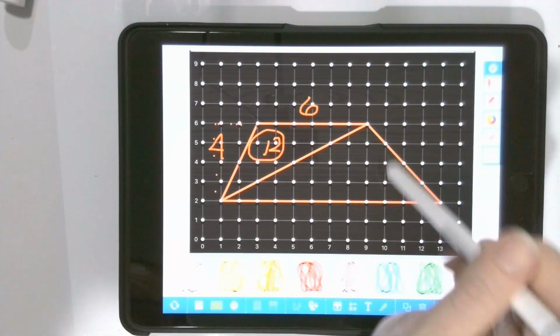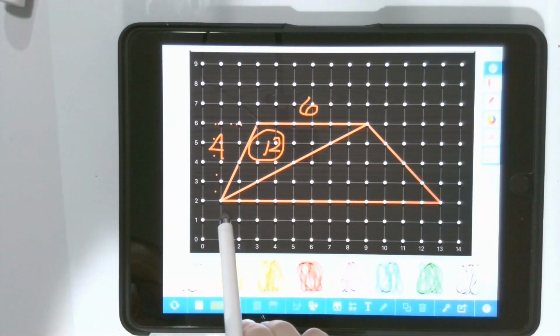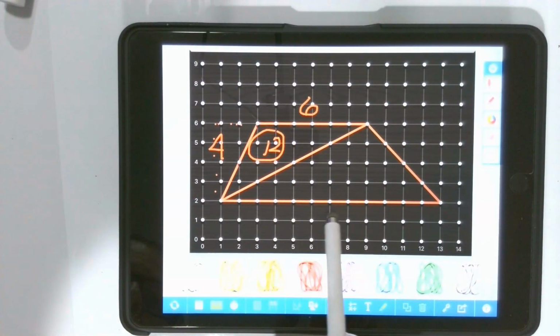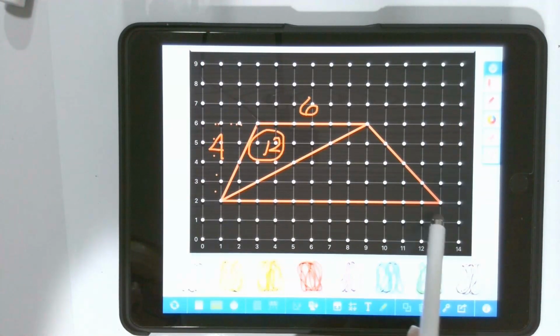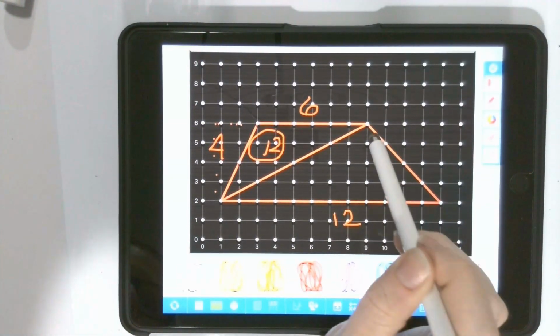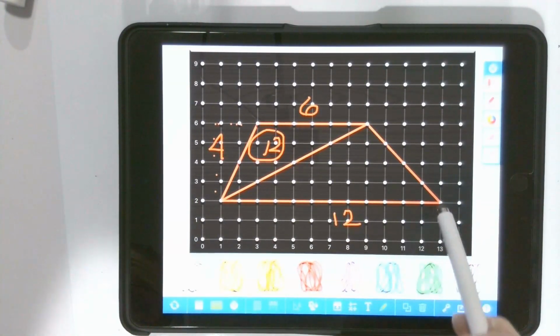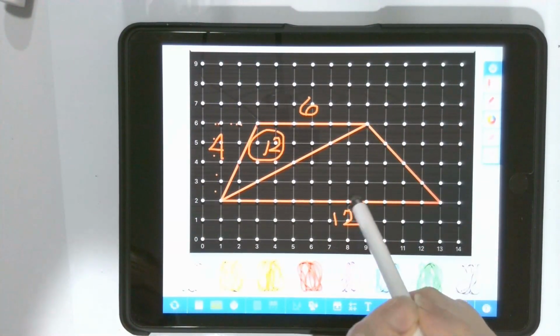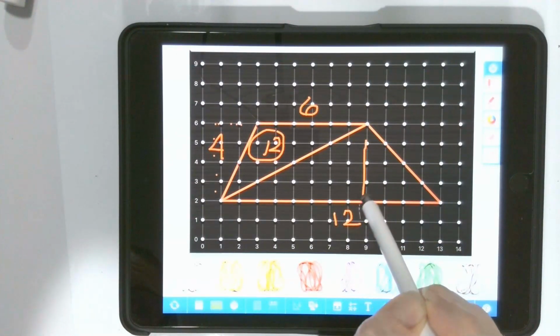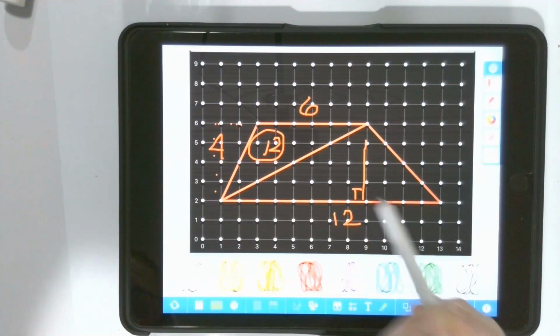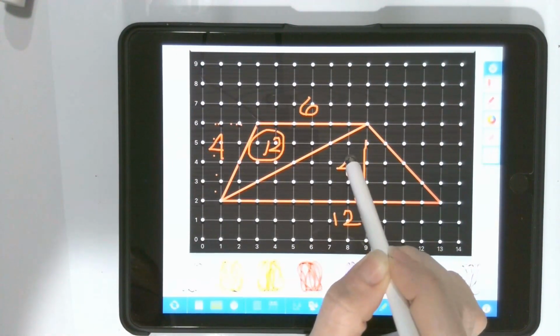And then you have this triangle here with a base of 1, 2, 3, 4, 5, 6, 7, 8, 9, 10, 11, 12, and a height of 1, 2, 3, 4. Again, it has to be a right angle, can't be this side measurement over here. You have to imagine a line that's coming off of this at a right angle, and that has a measurement of 4, a height of 4.